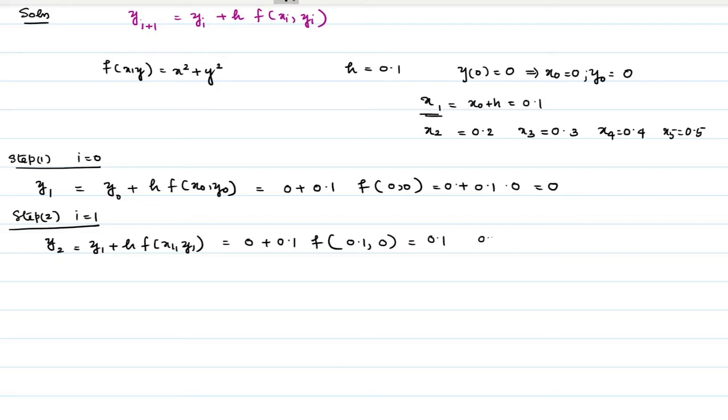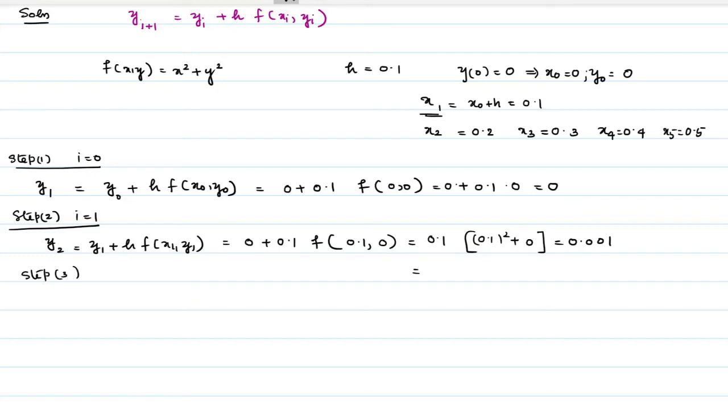So it is 0.1 square plus 0 square, which is equal to 0.001. Now you have got y2.